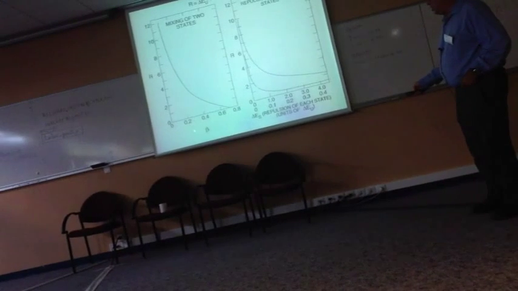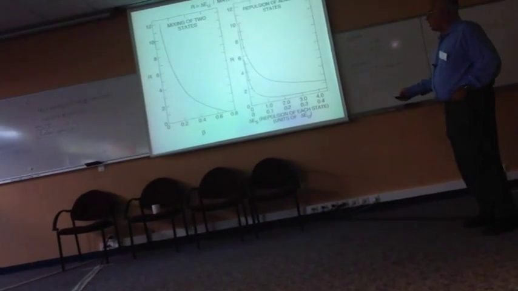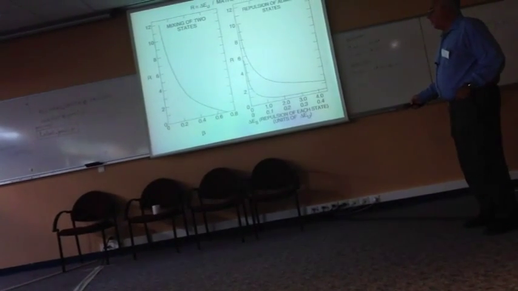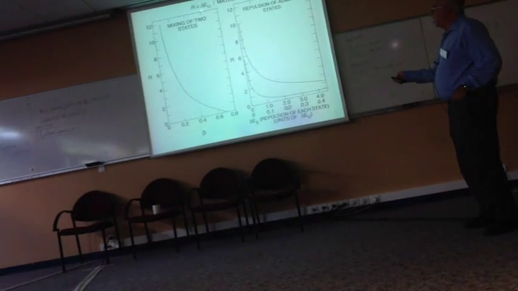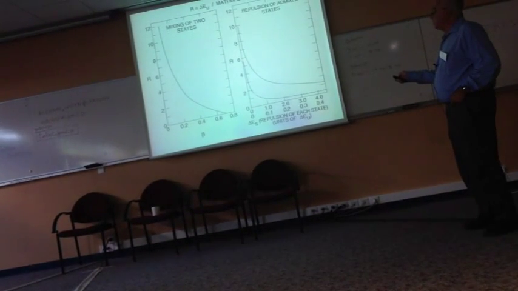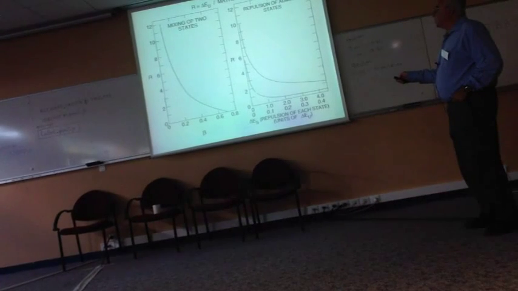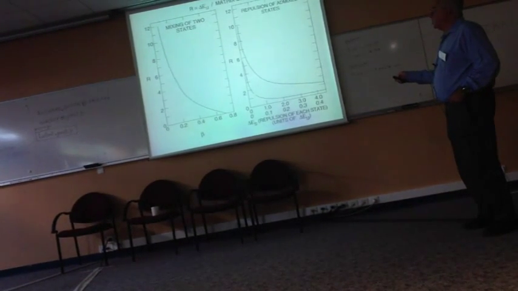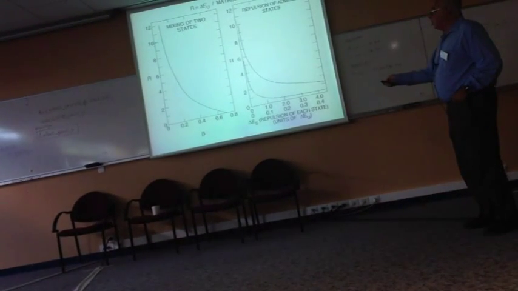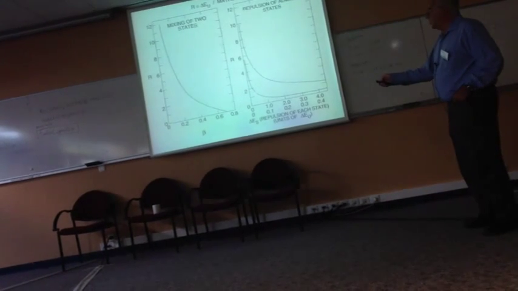This shows beta, the amplitude of the smaller, as a function of R. And remember, R is the unperturbed spacing over the matrix element. So if the unperturbed spacing is large compared to the matrix element, you're over in this section.